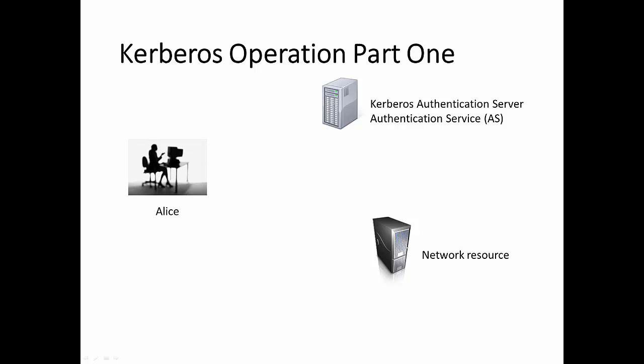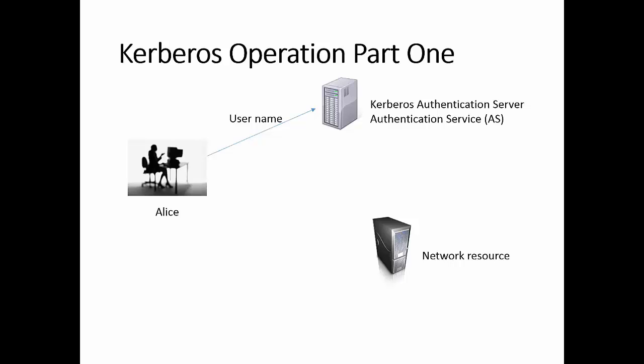And then we have another element which is a network resource to be used by Alice once she gets authenticated. So the whole process begins by Alice sending her username to the Kerberos authentication server, and based on the username, the Kerberos authentication server looks up her password and uses that password to authenticate the subject.